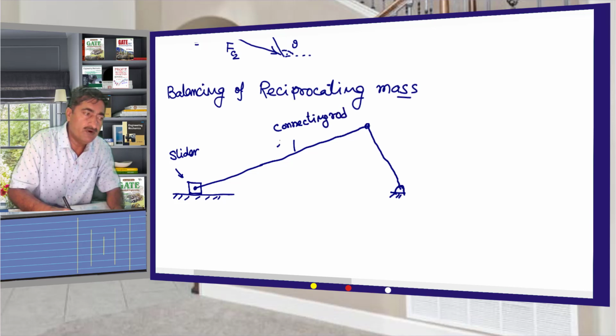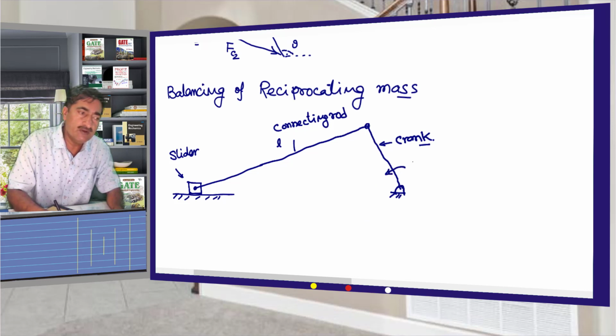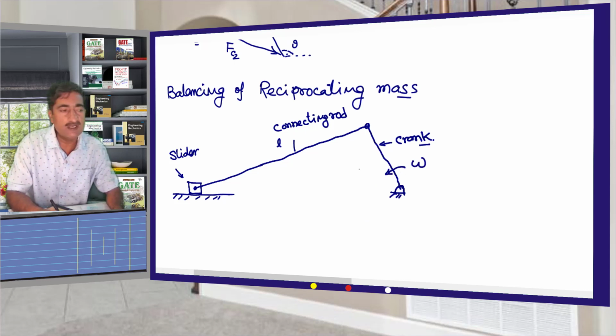Connecting rod of length L. This is crank, and crank rotates at constant angular velocity omega.